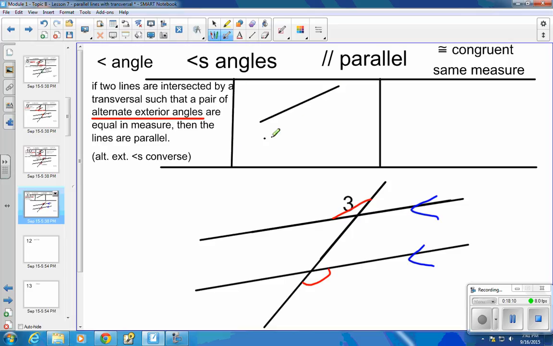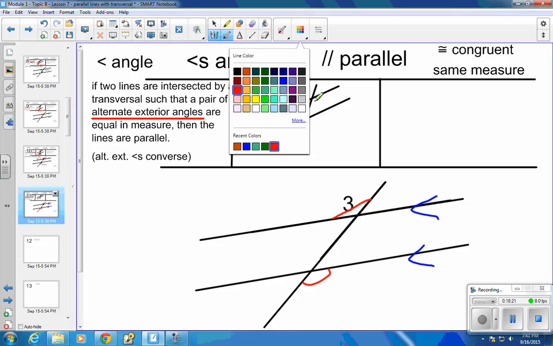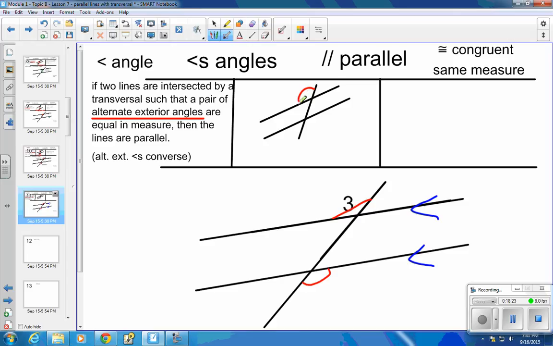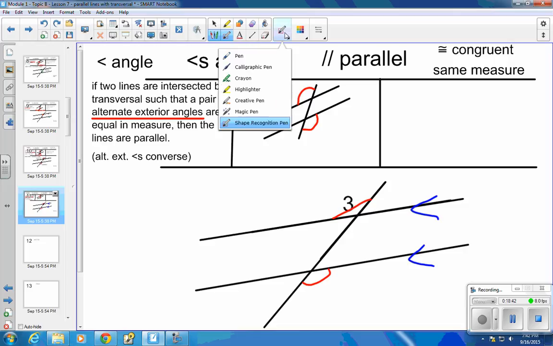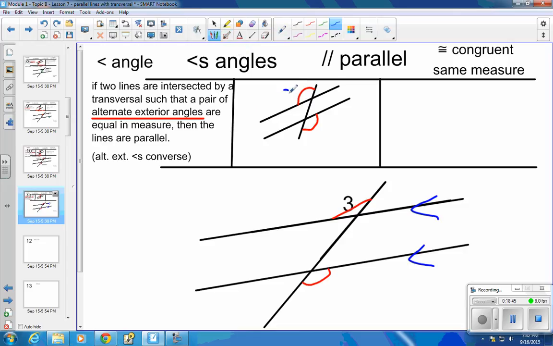So if my lines are parallel, then alternate exterior angles are congruent. Let's see, this is a 3 up here. It's not going to like 3. Let's change it off of that and just put it back to the pen. This is a 3, and this is a 5.